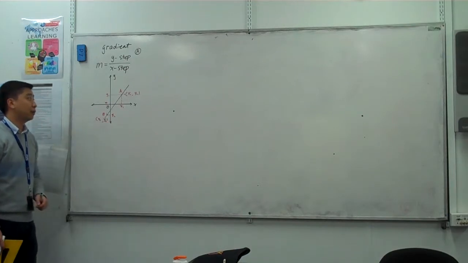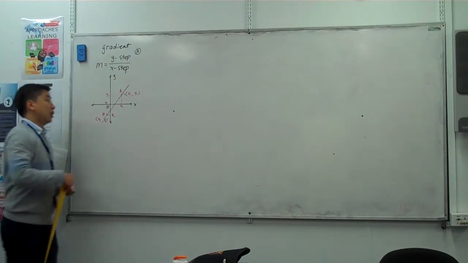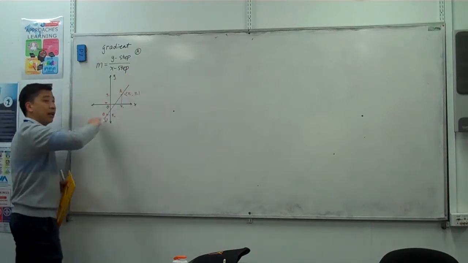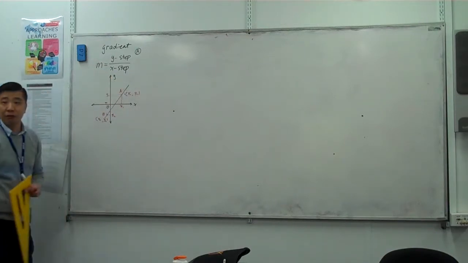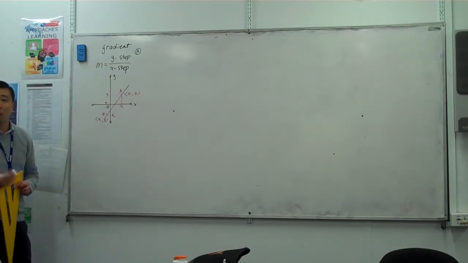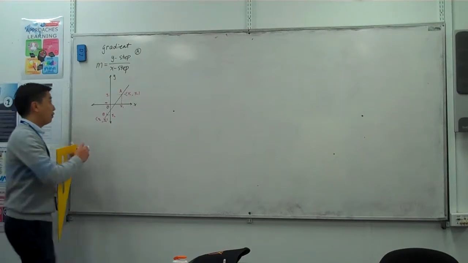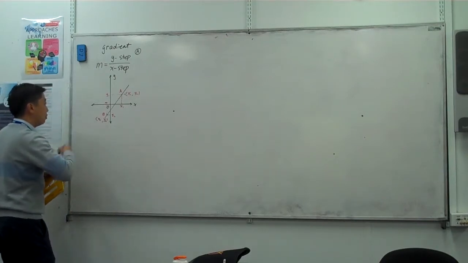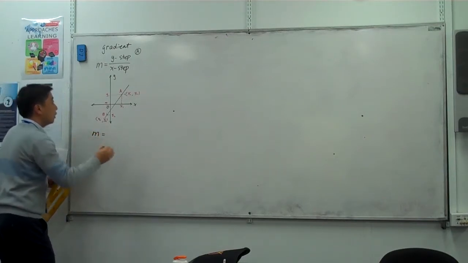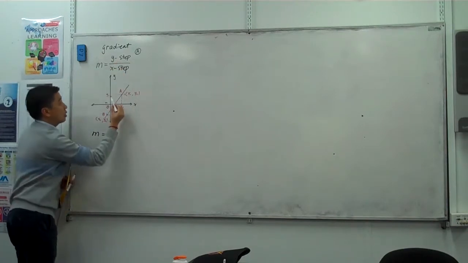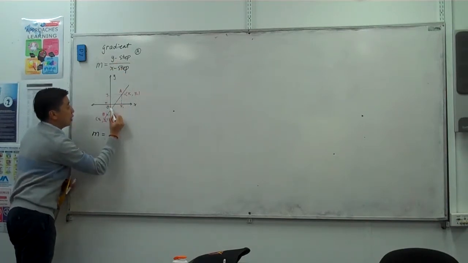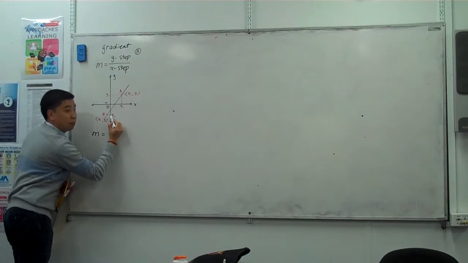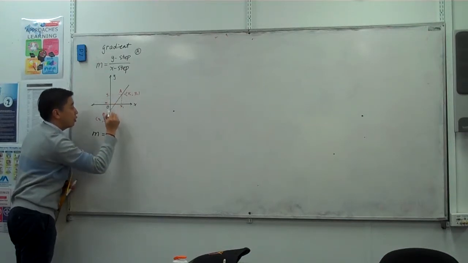Now, yesterday we said when we calculate the gradient, we want to know the general formula, and then you can use that for all questions. So for this one, we can rewrite m equals. For y step, I start from here and then go to B, from y1 to y2.